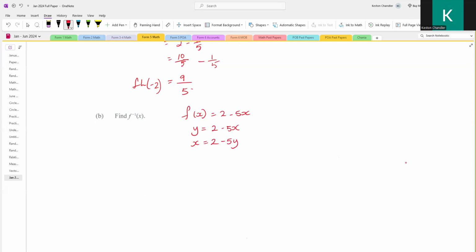Wherever we have y, we write an x. Then we're going to make y the subject. So I'm going to move this 2 here, it becomes negative 2. Then I'm going to move this 5 here, but it means I have to divide all of this by negative 5. This is my inverse of x: x minus 2 over negative 5. Okay?